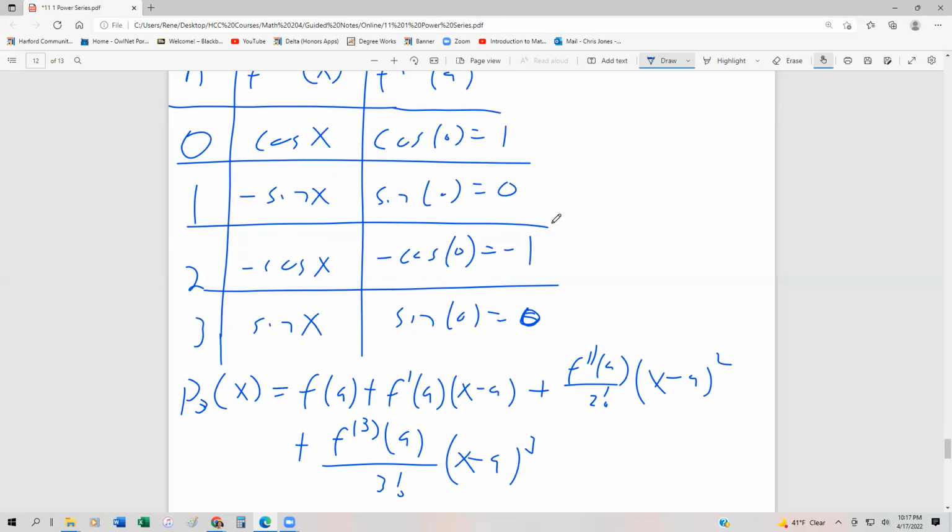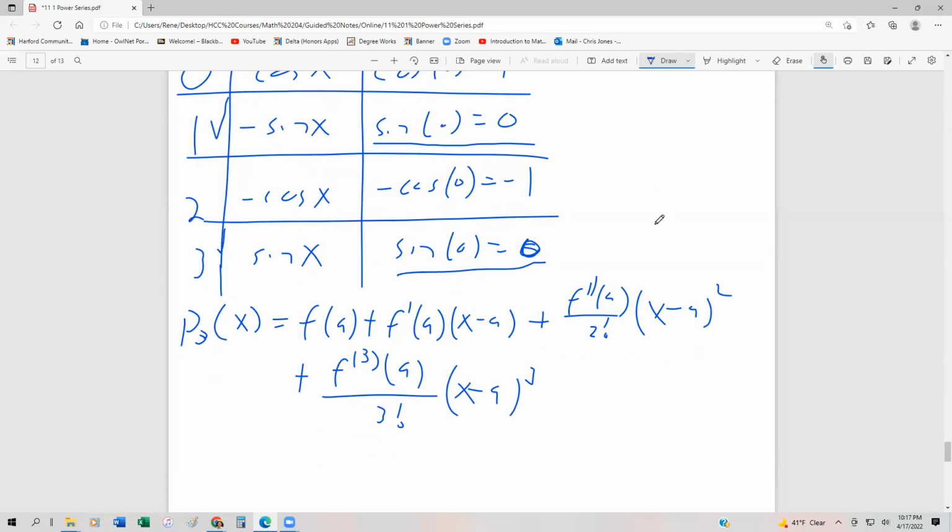Now, the good news for us is that sine of 0 is 0 for the first derivative and the third derivative. So in essence, this is going to be 0, and this is going to be 0, which means that these are going to cancel out. If you don't trust me, you can just substitute them in right away.